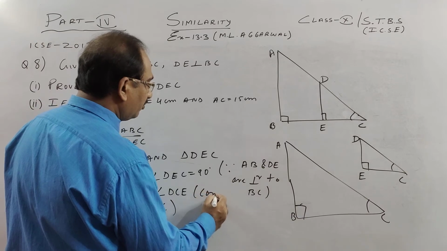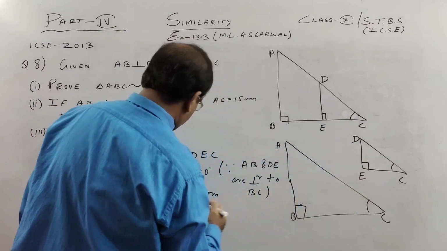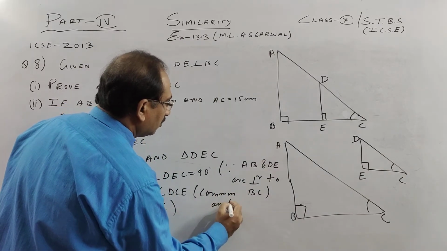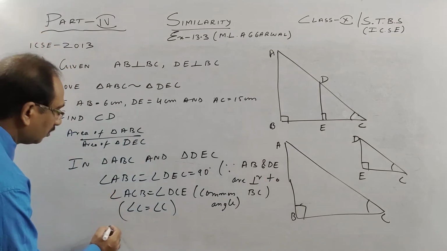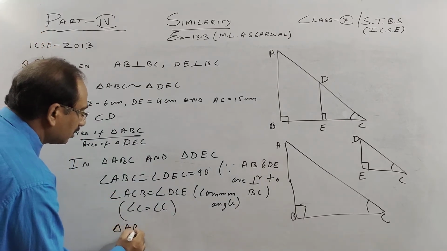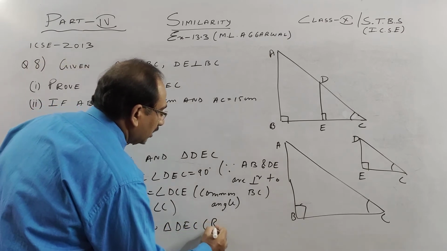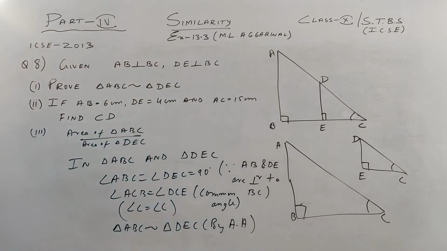No problem with that because we have one angle each. But the more important thing is to write common angle. So both the triangles are similar: triangle ABC is similar to triangle DEC by AA axiom. So we have proved both to be similar.